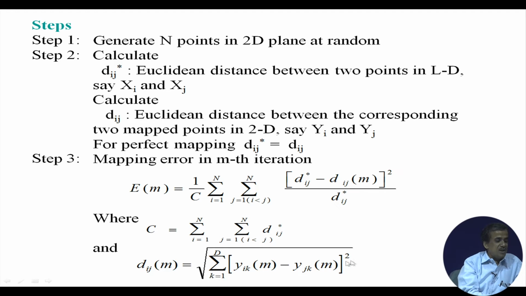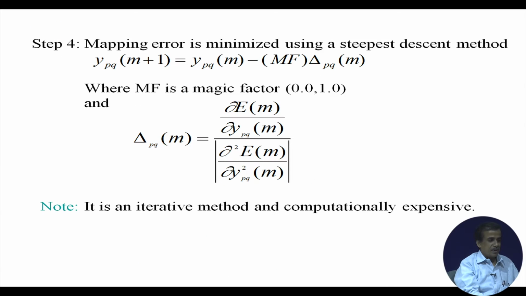So, this is actually the Euclidean distance in 2 dimension or 3 dimension corresponding to the mth iteration, and this particular error we are going to minimize iteratively using the steepest descent method or the gradient descent method. I think this is clear to all of you.